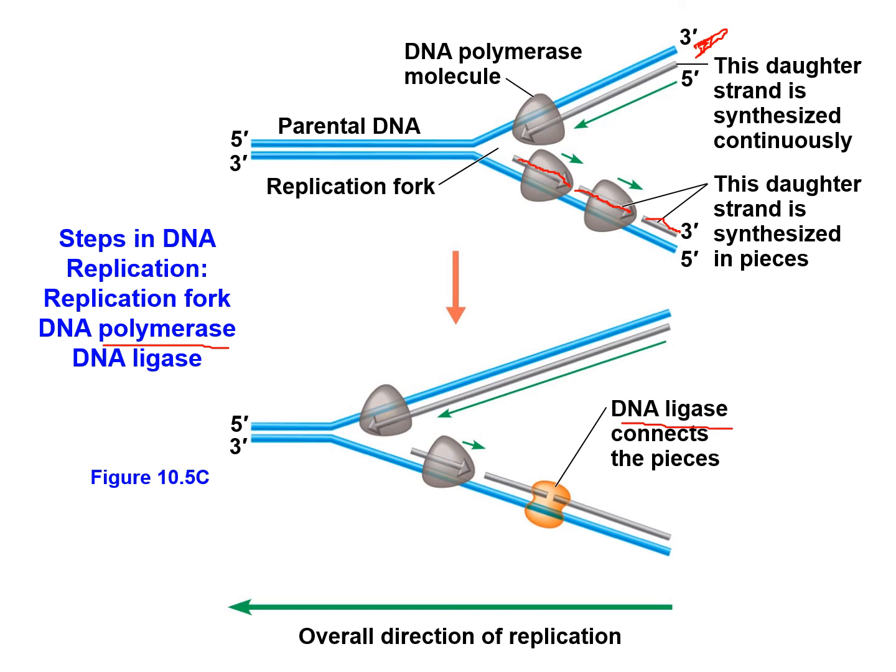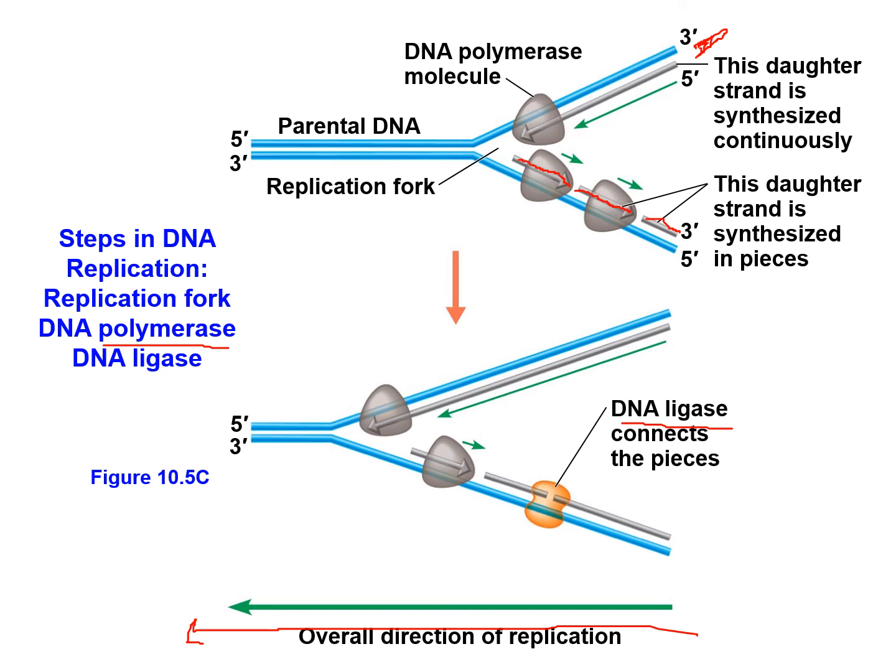So you can see on the bottom the overall direction of replication is always from 3' to 5', even though the strand that runs the other direction does it in snippets and backs up and then connects the snippets with the ligase. So the strand is made with the polymerase, goes from 3' to 5'.